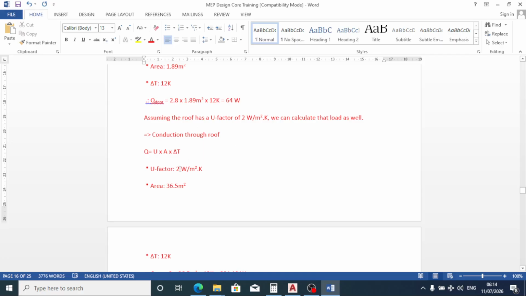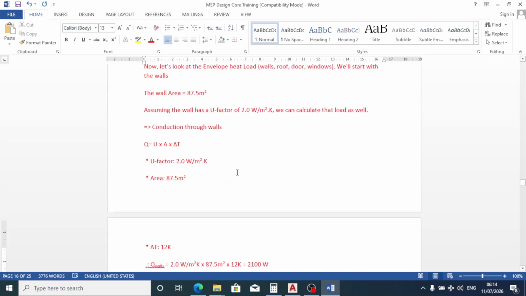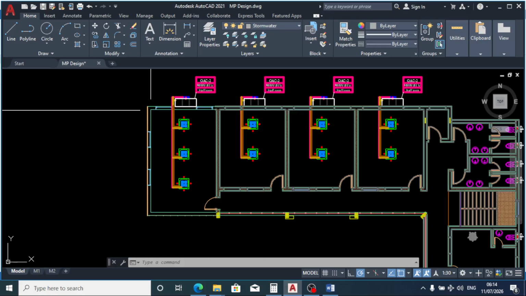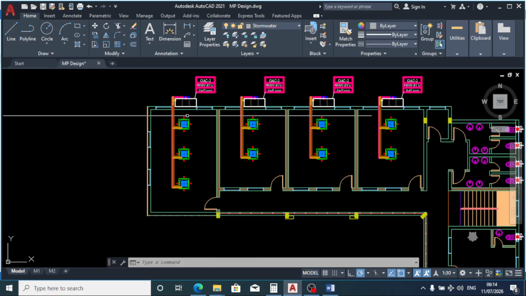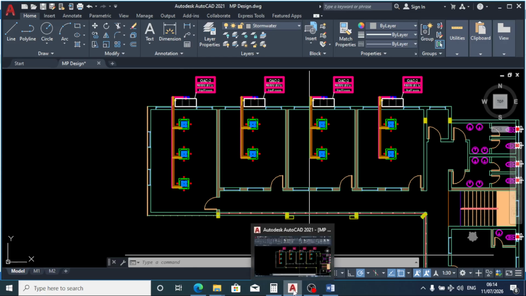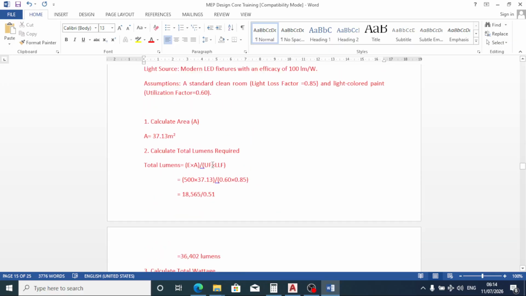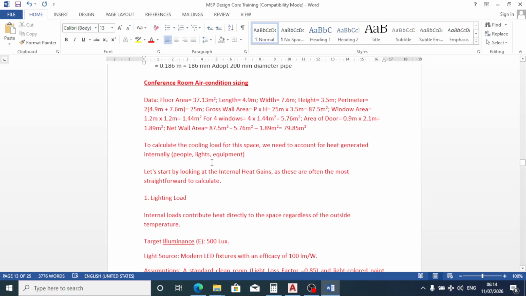So let's get the area of our roof. For this conference room, since we are considering this conference room, not the entire building, the floor area will be the area we are going to use for our roof. So what's our floor area? Our floor area is 37.13.